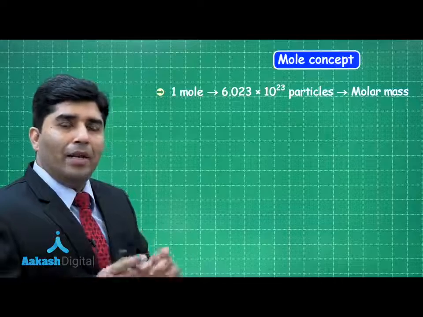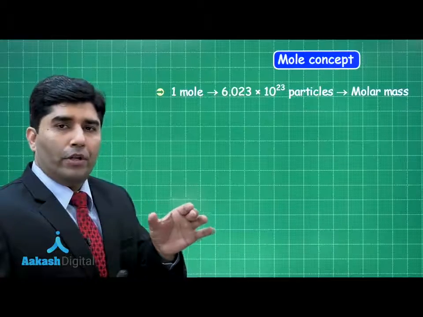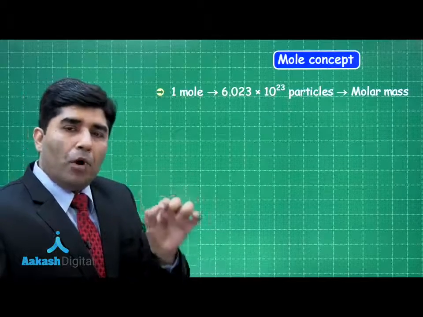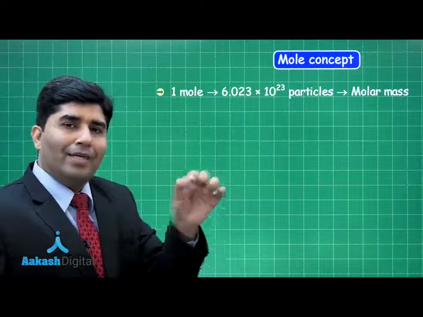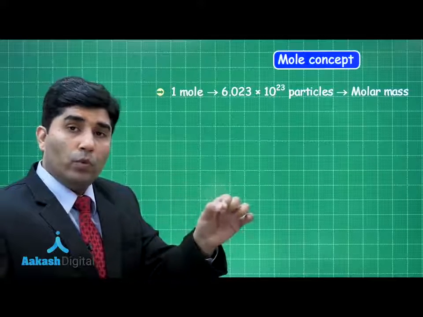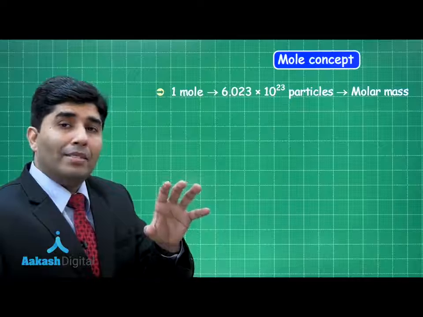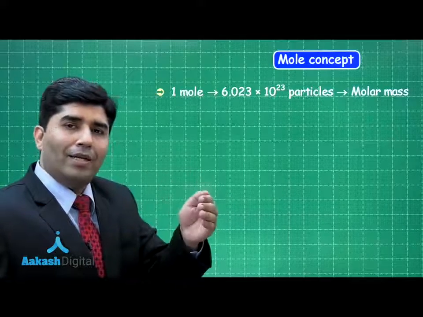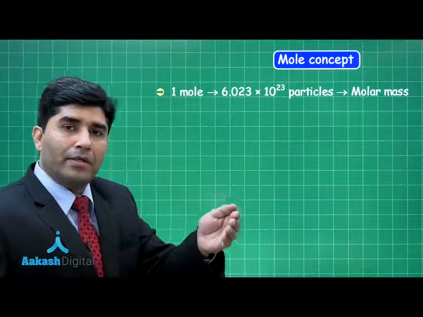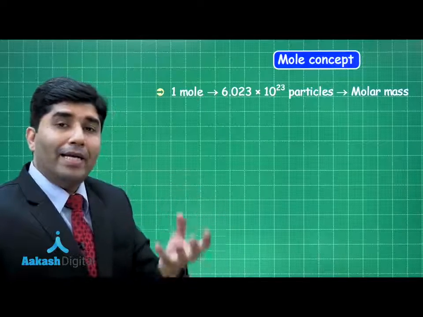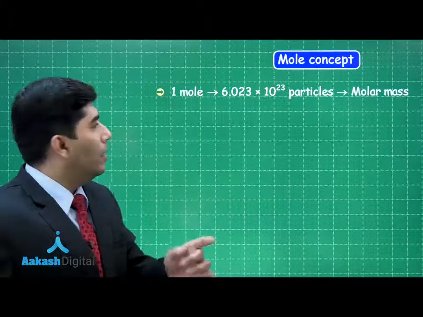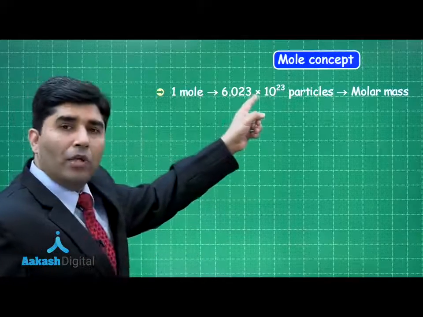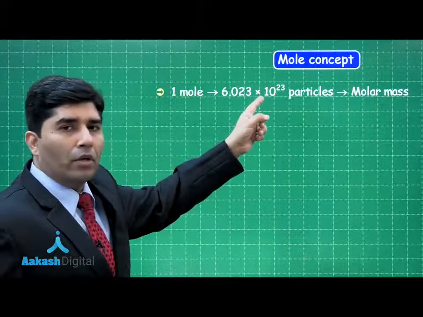For example, if we have water, molecular mass of water is 18 AMU. Molar mass, that means mass of 1 mole of water, is 18 grams. So if we have 18 gram of water, this many molecules will be present in the water sample.